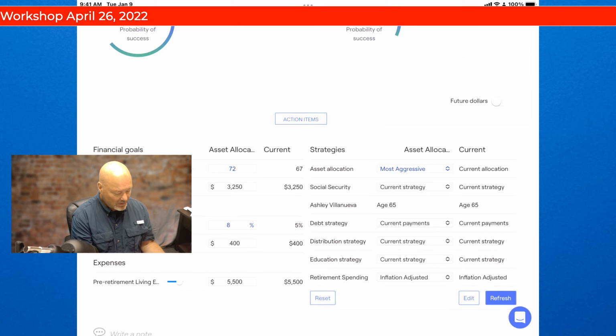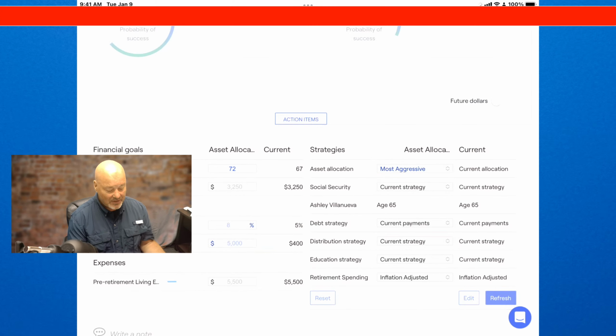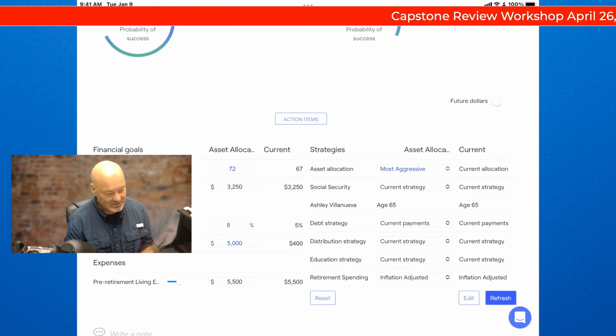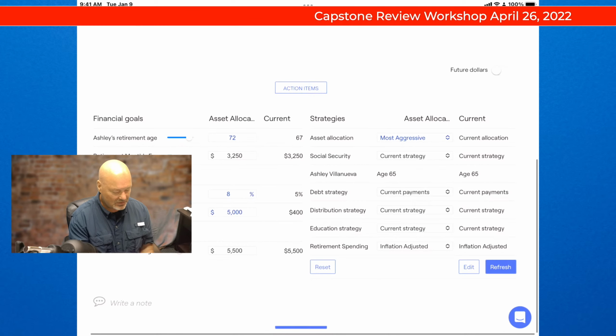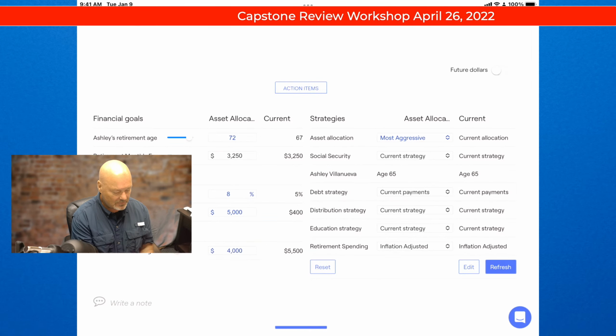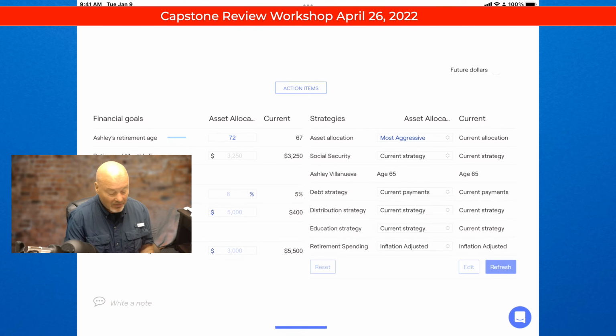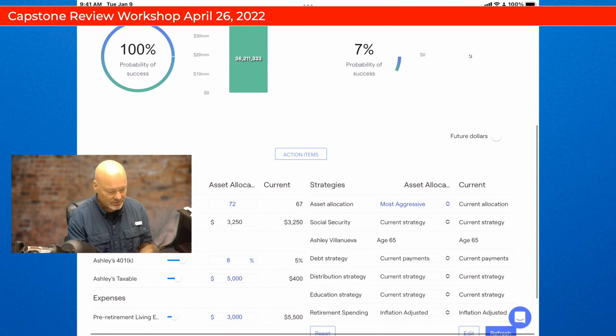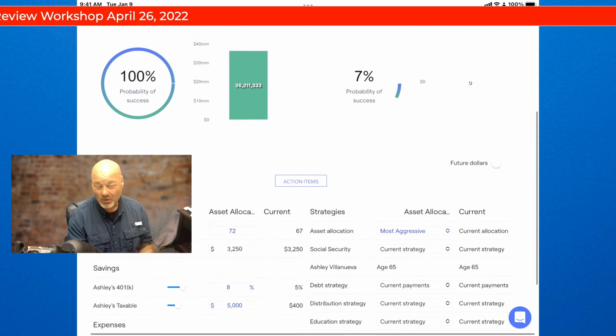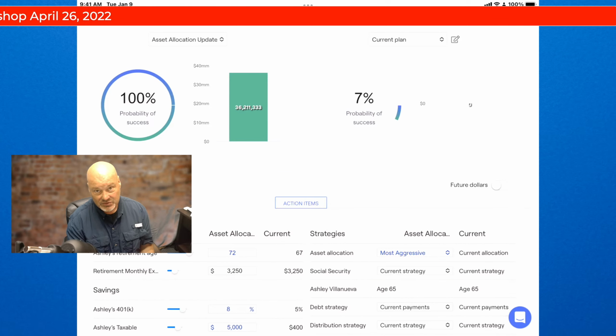So what if we invest more in your taxable account? Since you're making 70 grand a year, and even in this plan we're saying that you're spending like 60, let's knock your expenses down to 3 grand and see what happens. Now, this should give you some extra. See, that one change gave you $36 million.